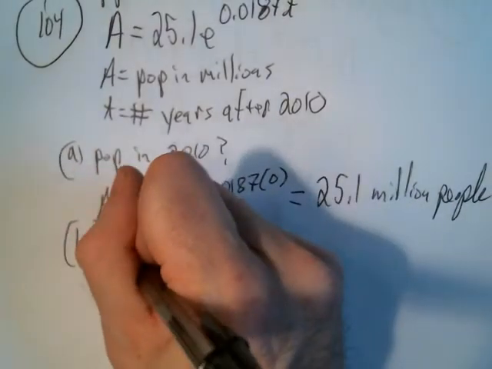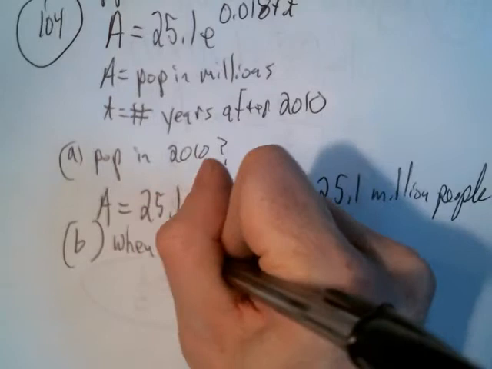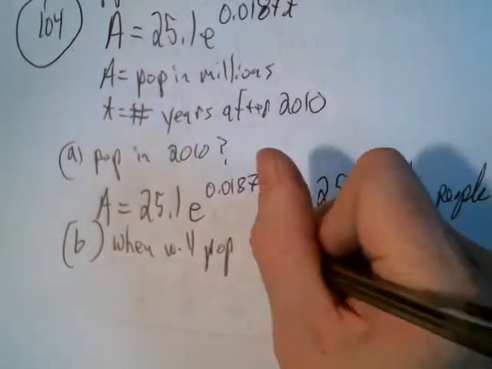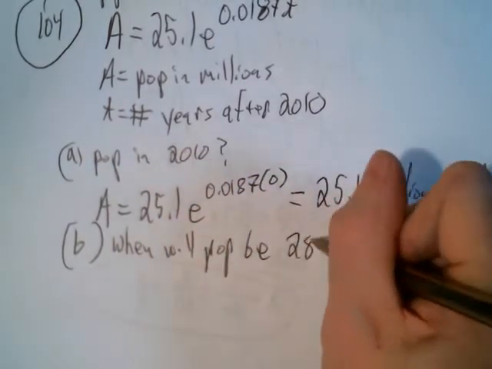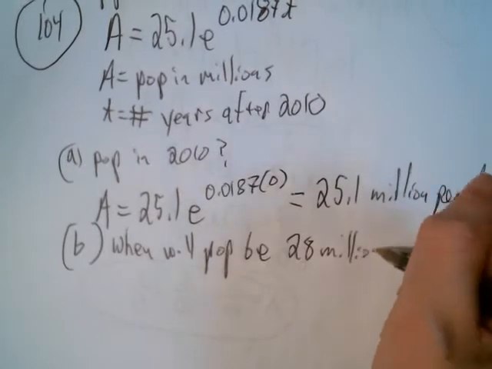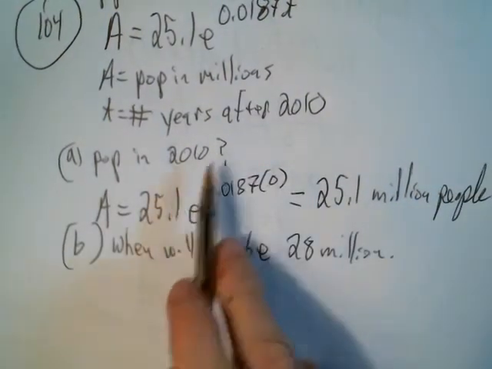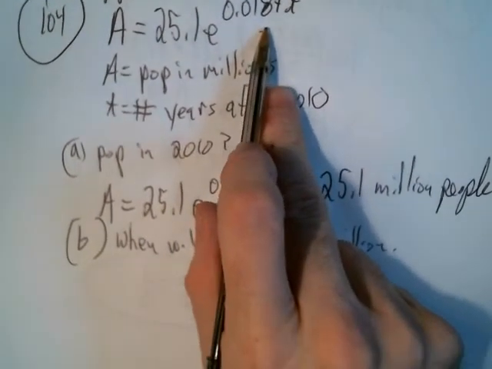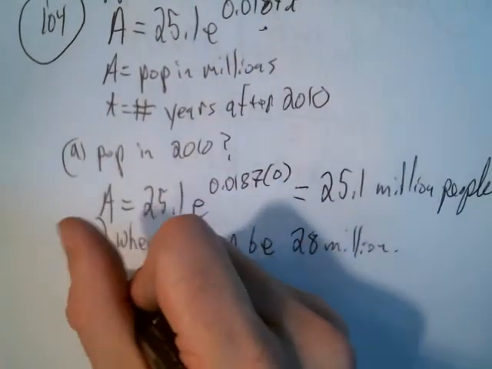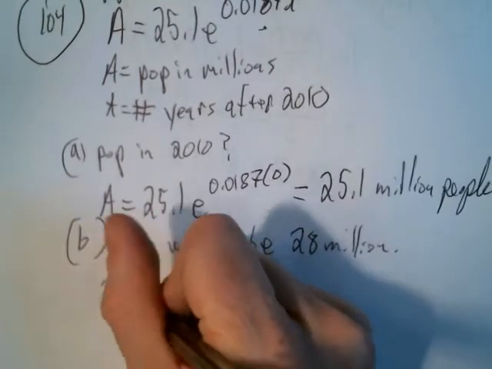Then they want to know, when will the population be 28 million? In this case, we're going to have to solve for the t in the original equation. So you want A to be 28 million.